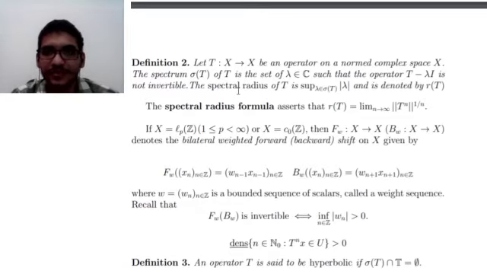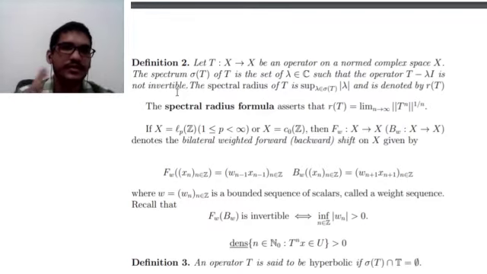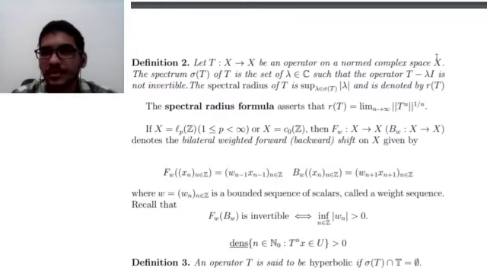The spectral radius of T is the supremum of the absolute values of the lambda in the spectrum. Okay, you take the absolute value of all the lambda in the spectrum and you take the supremum of that, and this is denoted by r(T).